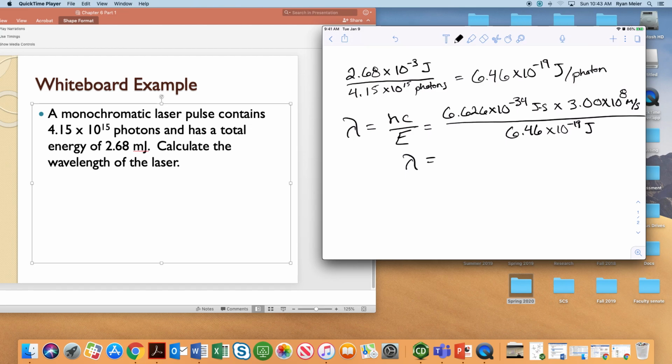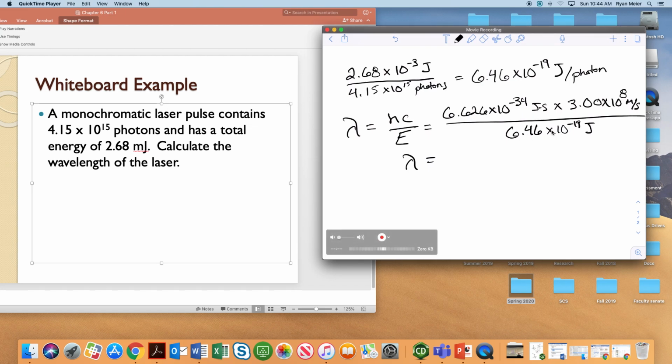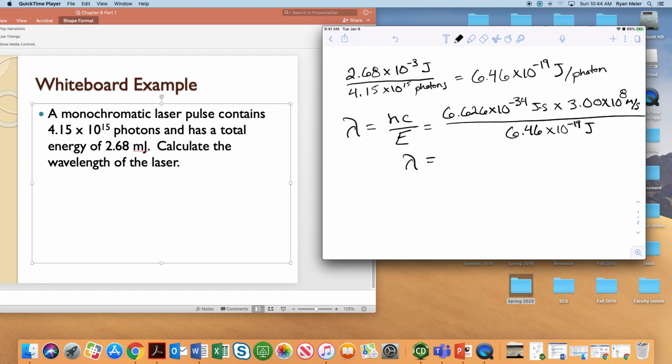If you're typing in 6.46 times 10 to the minus 19 in the denominator, and you just type all of this on top and then hit divide by 6.46 and multiplication times 10 to the minus 19, if you don't put this bottom part in parentheses, this times 10 to the minus 19 is probably going to end up on top, and you're going to be off by 38 powers of 10 on your final answer. You're going to get a final answer where the power of 10 probably isn't going to make a lot of sense. So be really, really careful about that as you're going through examples.